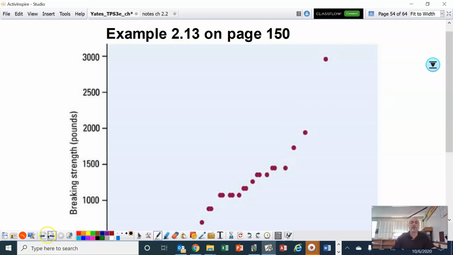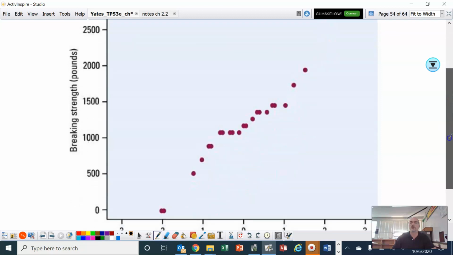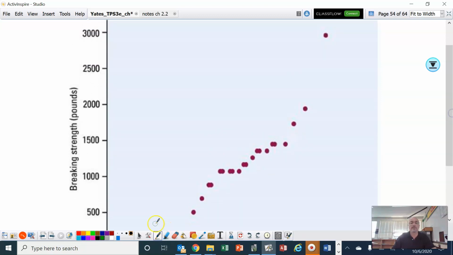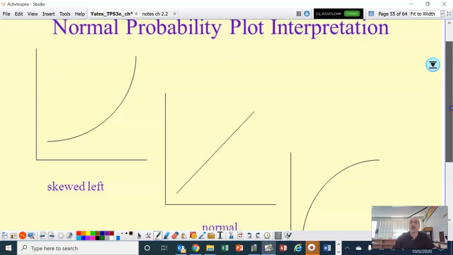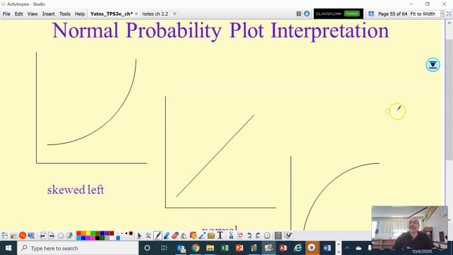All right, let's look at a few details here. So this is dealing with example 2.13 on page 150. Please read it. Now, I would suggest writing these down. If the dots do a pattern like this, where it's curving up this way, that indicates that it's skewed to the left.